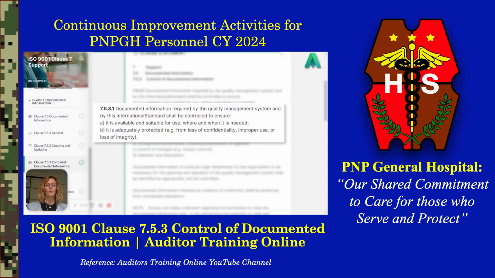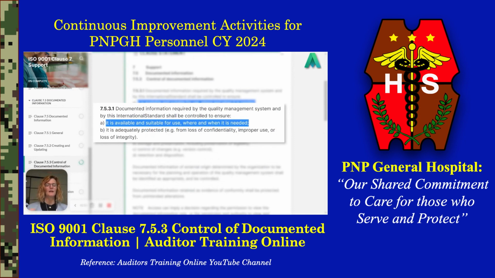So then where and when it is needed as well. So this is all about determining the suitability or the type of documented information that your organisation is going to create to ensure it does the best job it possibly can for the people that need it.